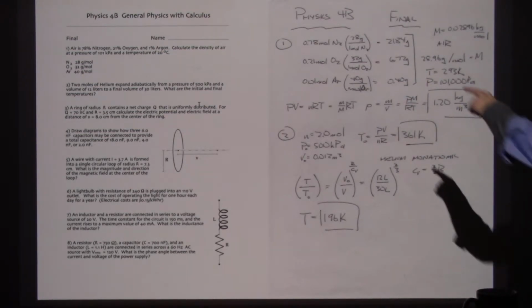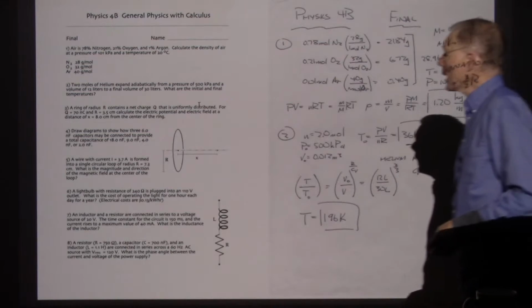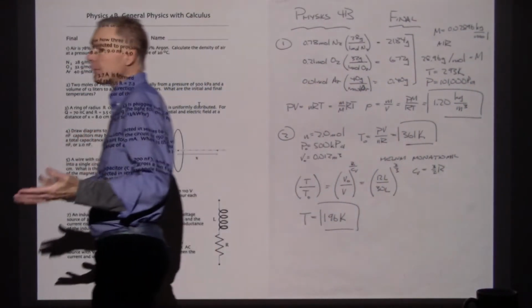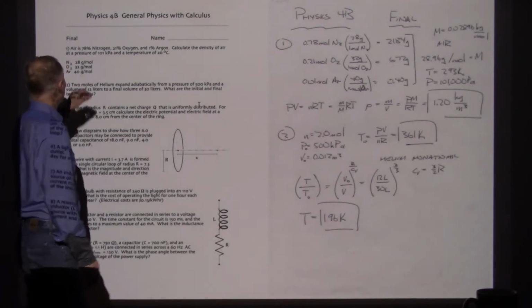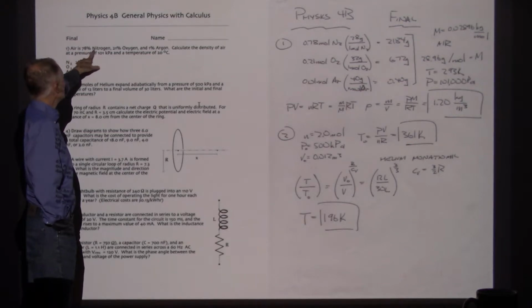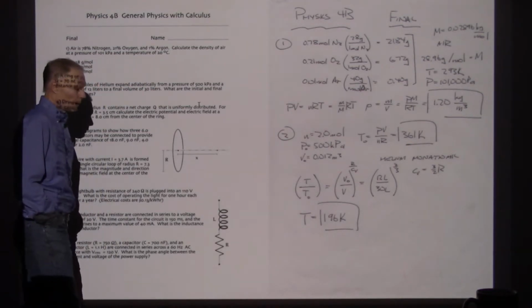Now, when we give percentages like this, these percentages are actually given in numbers. So if I took out, on average, 100 molecules of air, I would find on average 78 of those are nitrogen, 21 of those are oxygen, and one of those would be an argon.